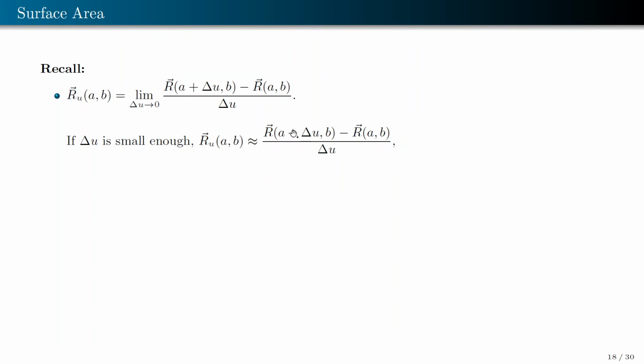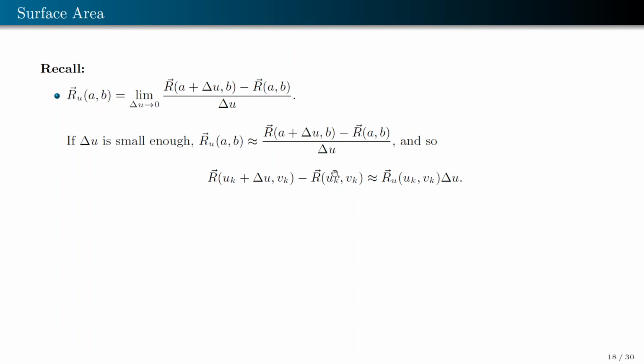Ayan, so we have this approximate equality. So from that approximate equality, cross-multiply lang natin yung delta u. We have this. And replacing (a,b) by the point (u_k, v_k), we have this, again, approximate equality.